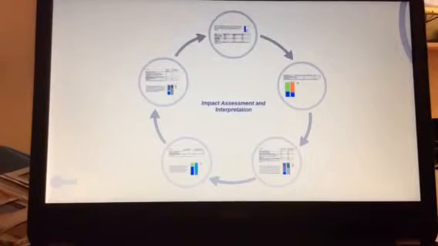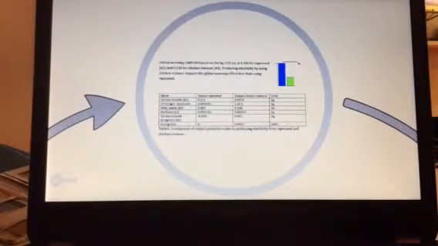Impact assessment and interpretation. The first table shows the comparison of output products made by producing electricity from rapeseed and chicken manure. Producing electricity by using chicken manure impacts the global warming effect less than using rapeseed.